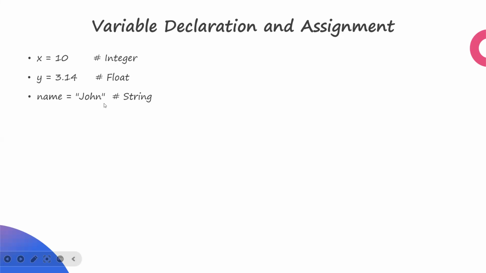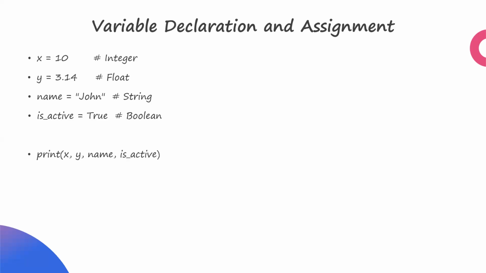Now, name is equal to John, which is a string. Any value that is enclosed inside single quotes or double quotes is a string, a text value. Then is_active equal to True. True or False is a Boolean data type. We also showed you this in a previous section.